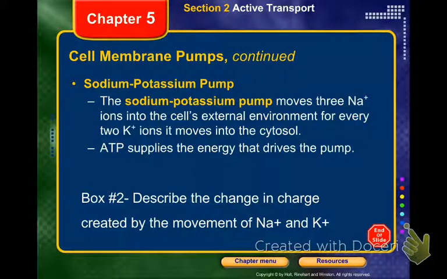All right, so the sodium-potassium pump is moving sodiums and potassiums. 3 sodiums move out of the cell, 2 potassiums move back in. It takes ATP to drive this. So describe the change in charge that is created by the movement of sodium and potassium. Did we just do that? Do you have that drawn in your notes?